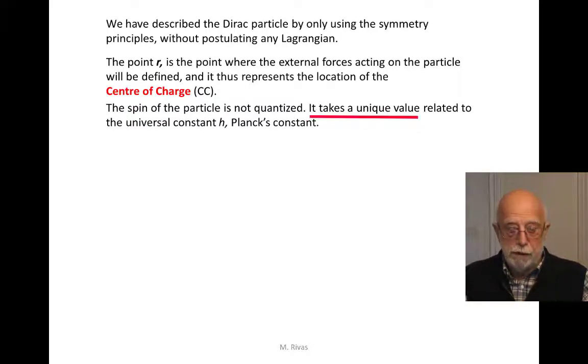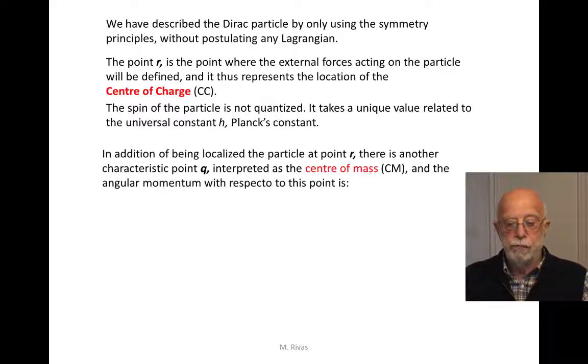It is unique. It takes a unique value in terms of Planck's constant. It is unique because the electron can never have excited states. So this internal motion is not modified. This angular velocity internal is not modified. So the internal angular momentum has this unique value.